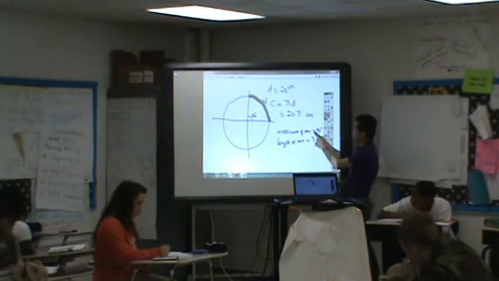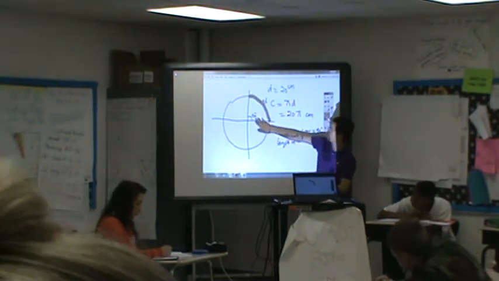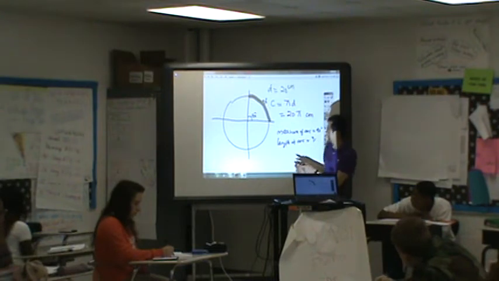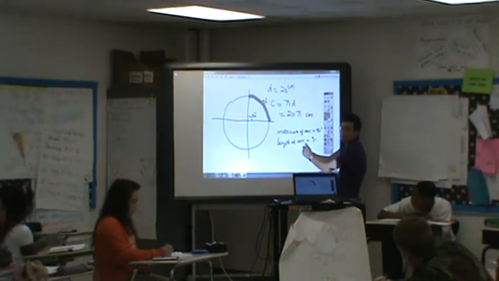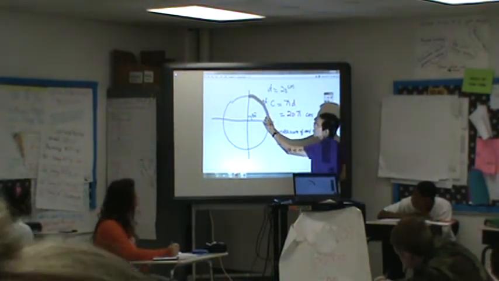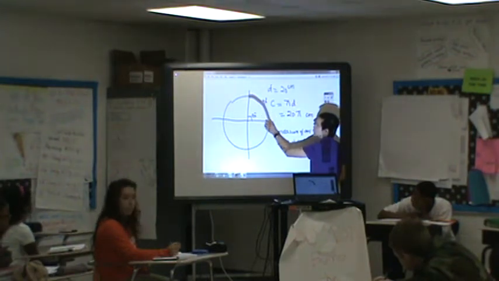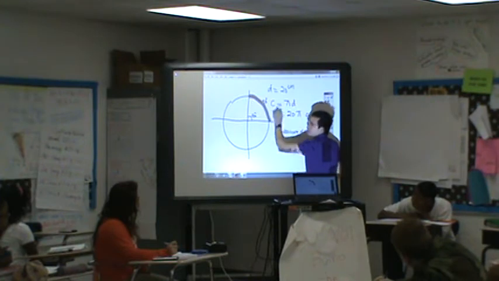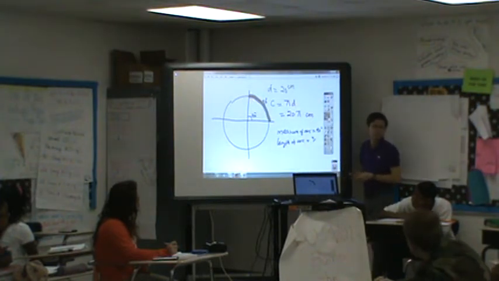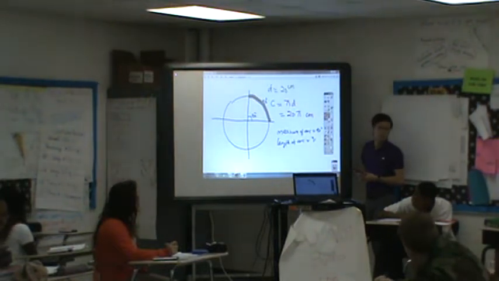The measure of this arc is 90 because the central angle and arc are congruent. But I'm asking you the length of an arc. How long do you have to walk on this arc? So you're talking 90 degrees, but we want to know in centimeters what it is.